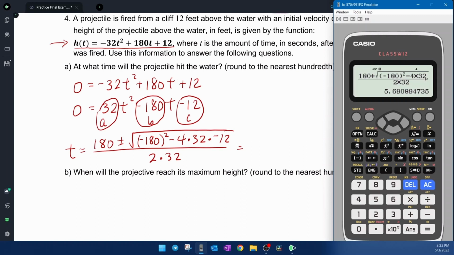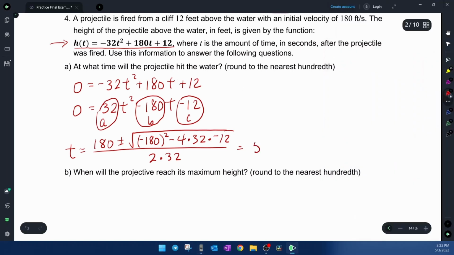They want it rounded to the nearest hundredth, which is 2 decimal places. So that's going to give me 5.69 seconds.